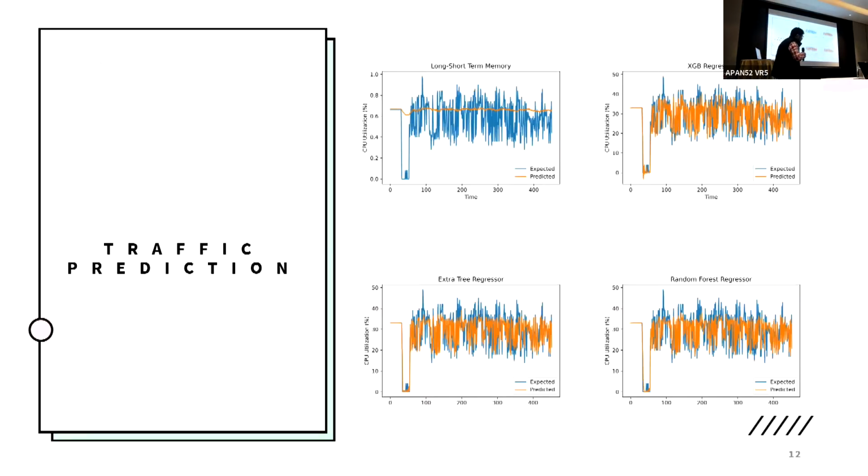So we tried to predict traffic by using the data we captured from our test bed, and we applied 4 models: LSTM, extreme gradient boosting regressor, extra trees regressor, and random forest.